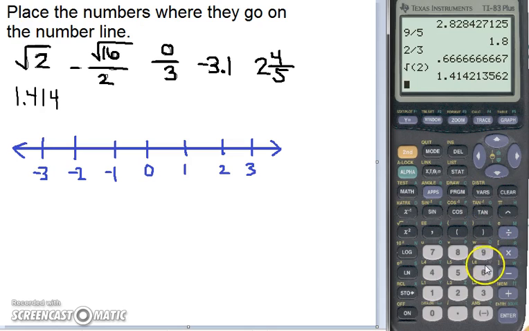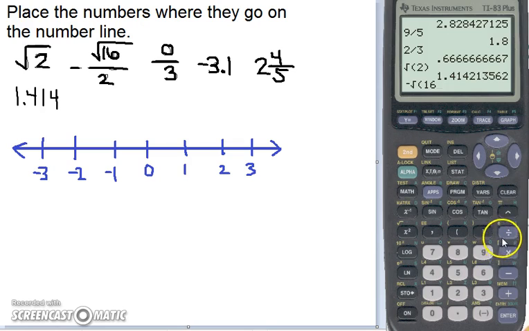Now for this one you want to be careful. Oops. You want to make sure when you're typing it, you're typing exactly what you want it to do. So I'm ending the parentheses to make sure that it only takes the square root of 16. If I didn't end the parentheses, this is DEL means delete, in case you want to just delete each piece on the end.